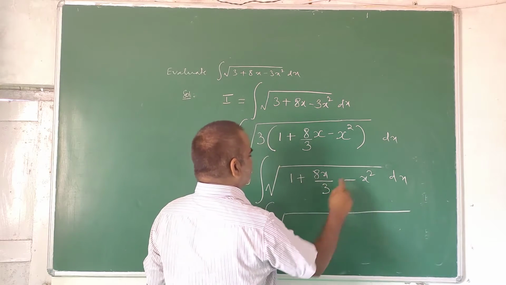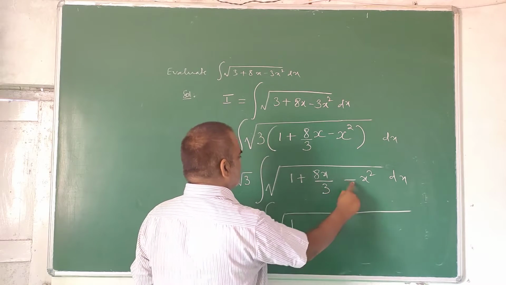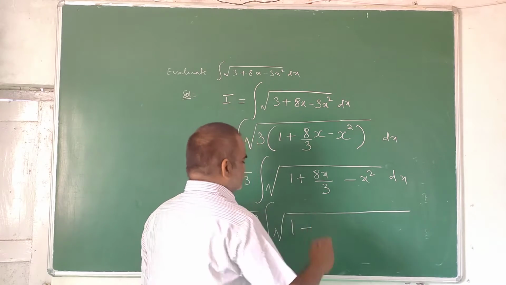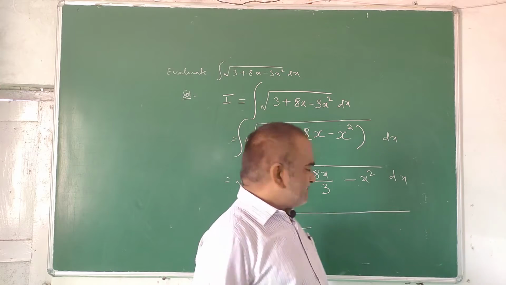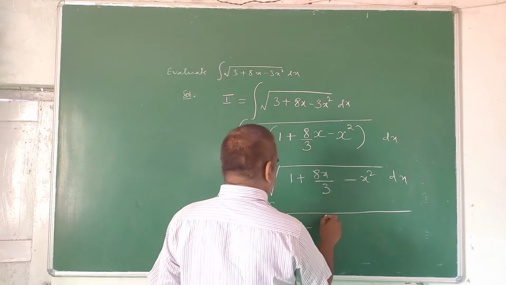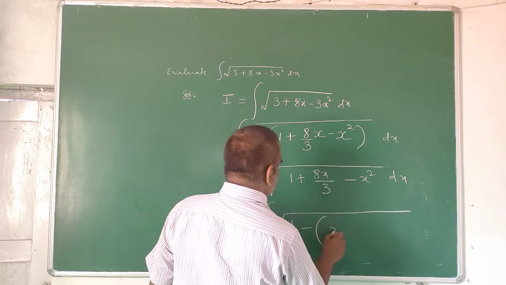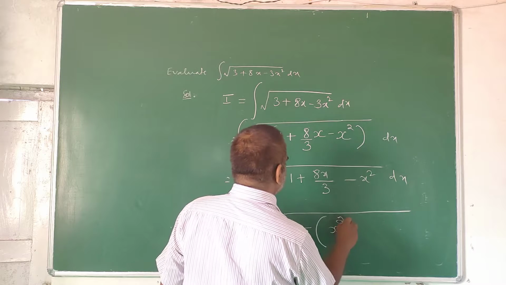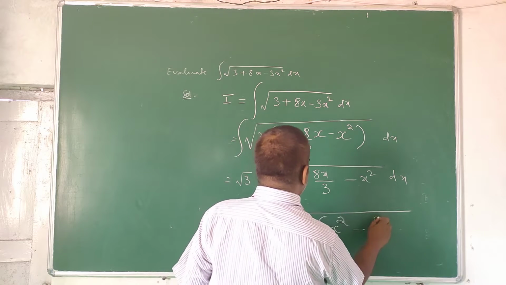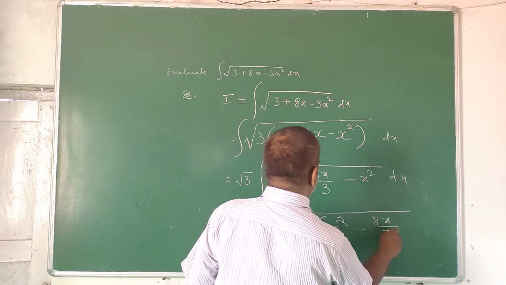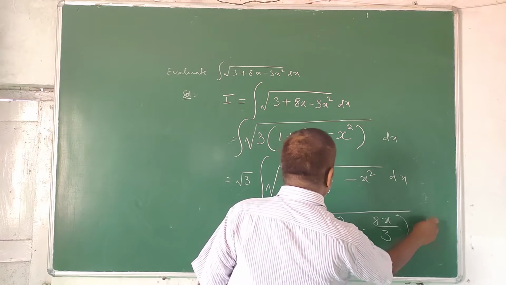Now take minus common from these 2 terms. So if you take minus common from these 2 terms, then you will have x square minus 8x by 3 after taking minus common dx.